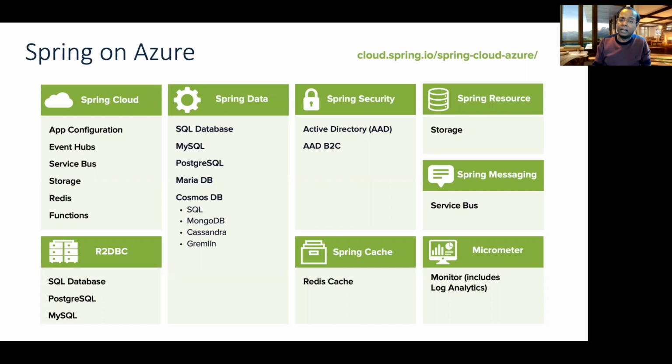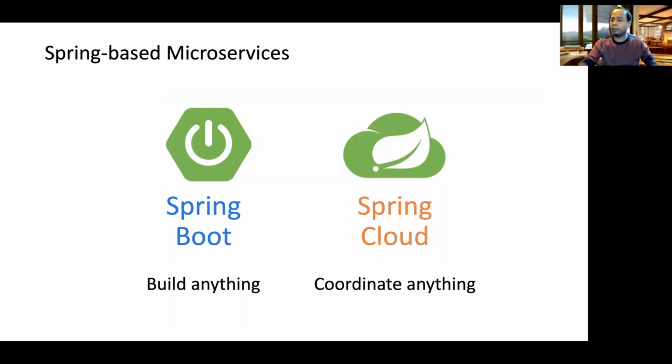If you're using Spring Data JPA, JDBC, you can connect with any of those databases. You can also use Spring Data MongoDB and connect with Cosmos DB. You can use Spring Security to secure your application, like enterprise-grade authentication using Active Directory. You can pump in all your logs and metrics to Azure Monitor. You can see the list. So many integrations to make it easy to run your Spring Boot apps.